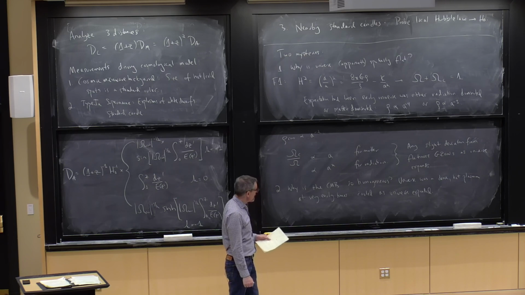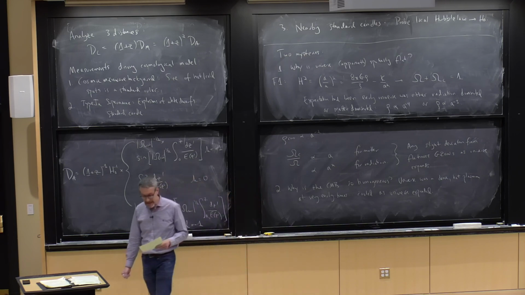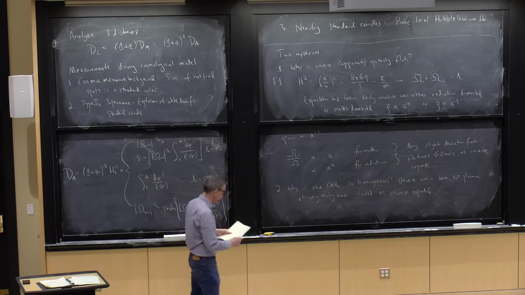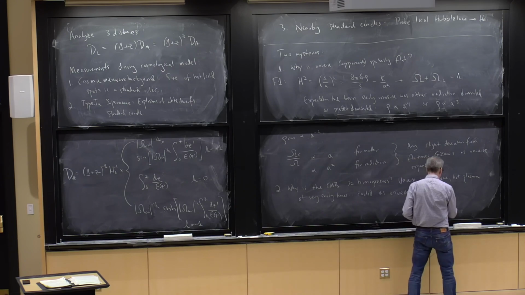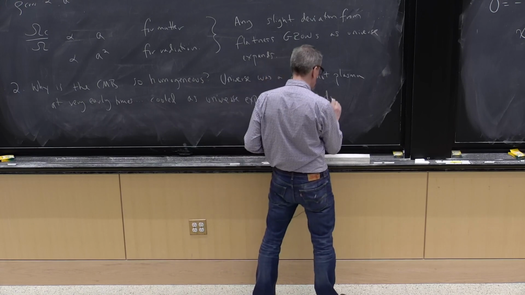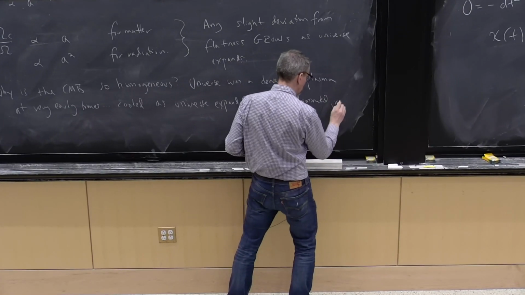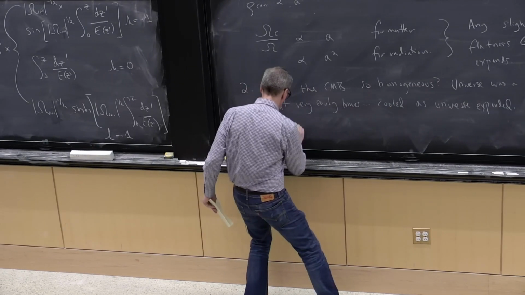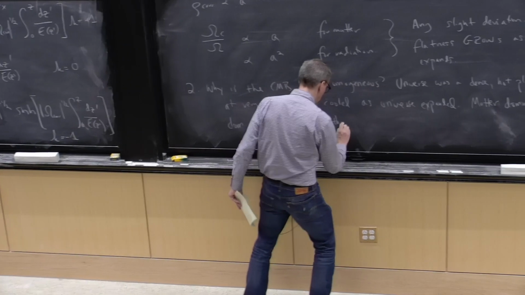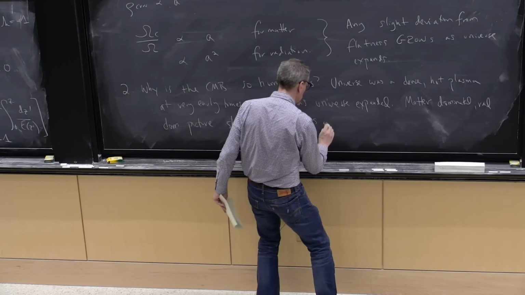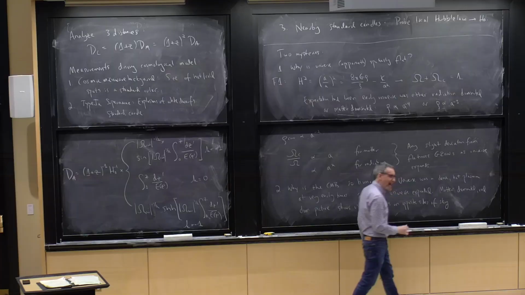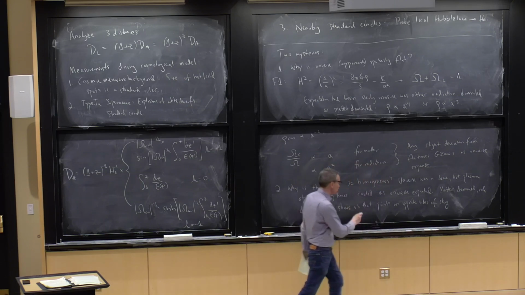There are a few more details of this in my notes, but when we look at this, one of the things that we see is that in a universe that is only driven by matter or by radiation, the matter-dominated and radiation-dominated picture, it shows us that points on opposite sides of the sky were actually out of causal contact with each other in the earliest moments of the universe.